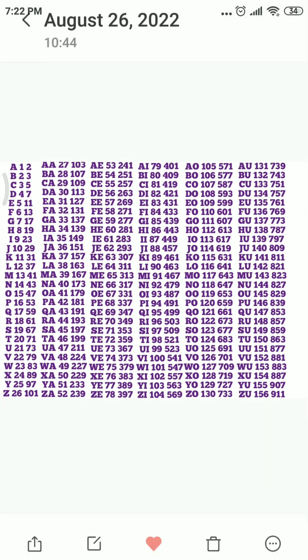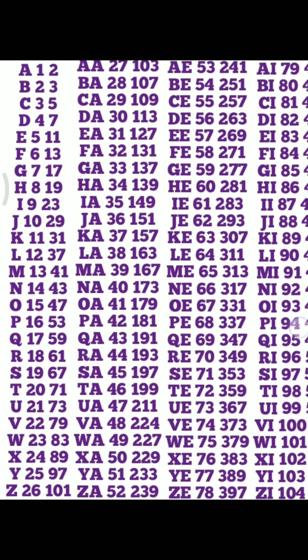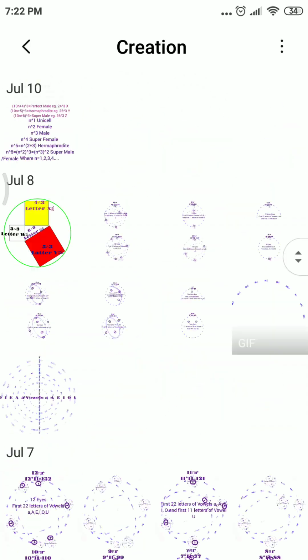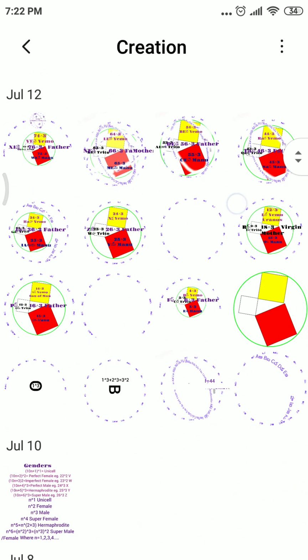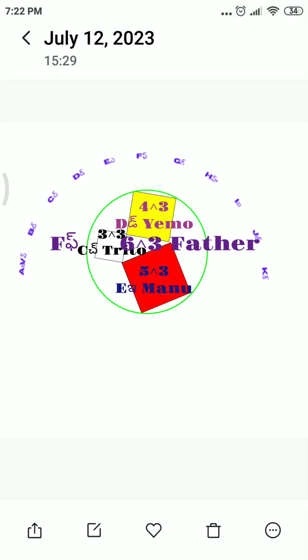Anyway, the other interesting thing is, let us see here. We have constructed the first ever basic Pythagorean triad: 3 cube is c, 4 cube is d, 5 cube is e, and 6 cube is of course f.